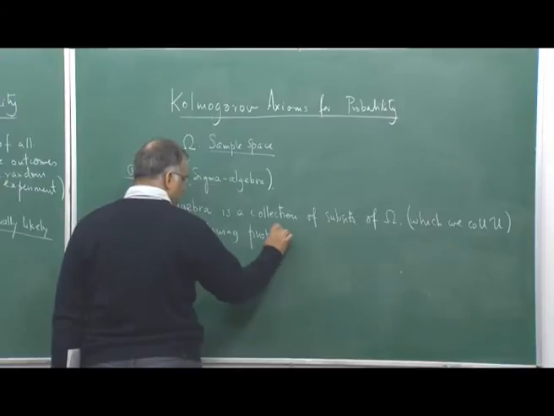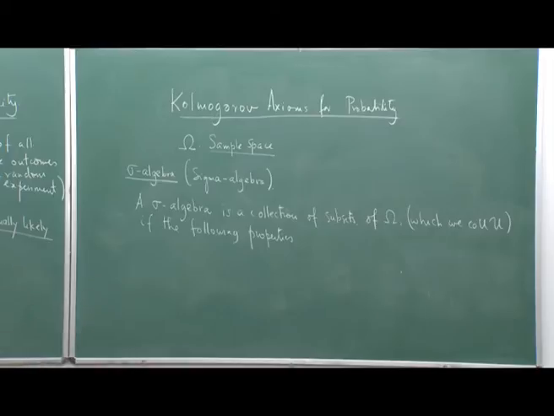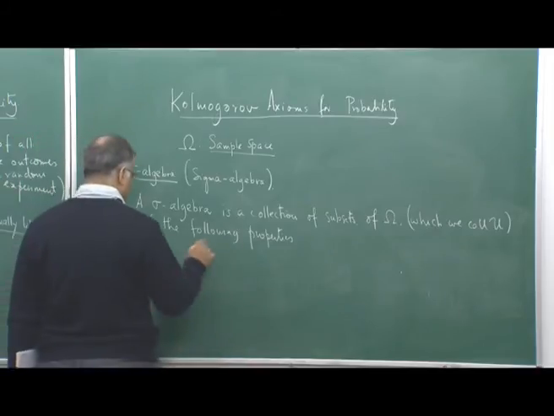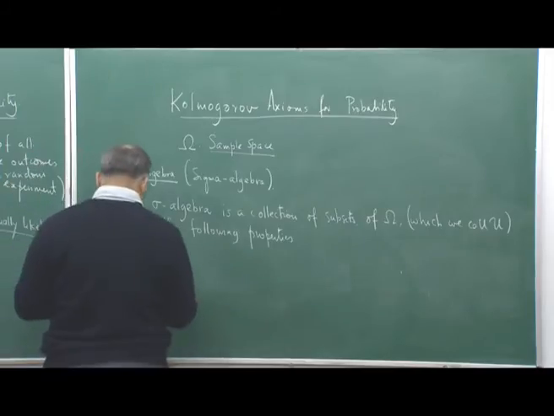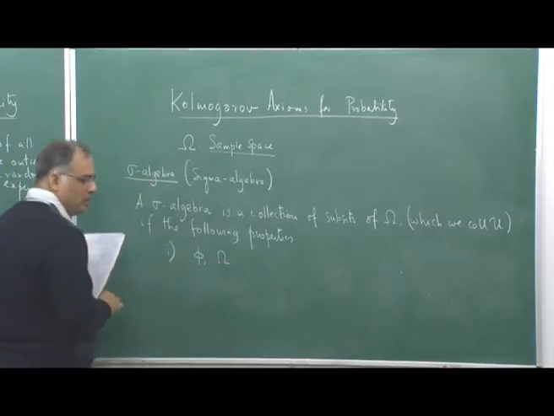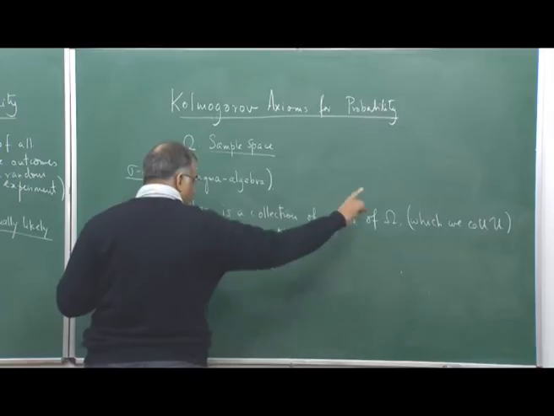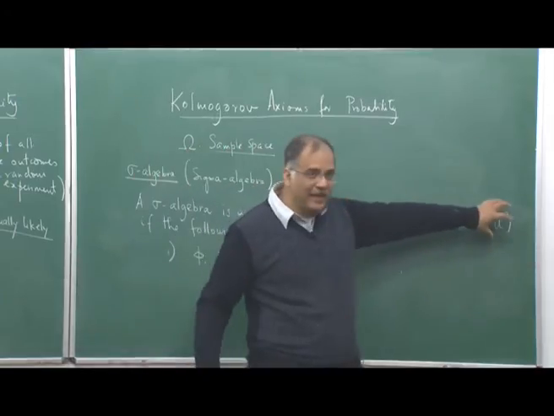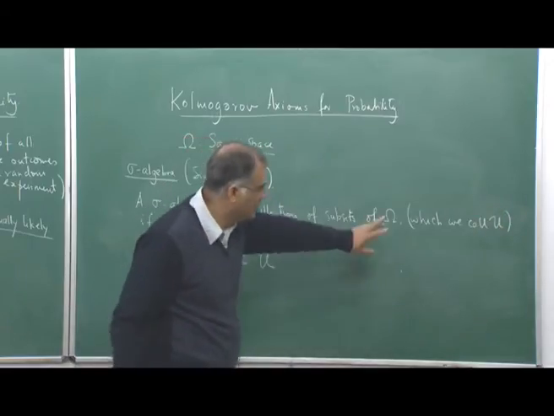Actually those subsets which follow these properties, which we list down, can be called events. The empty set and the whole sample space are elements of that collection U. U is a set consisting of sets. It is a collection of subsets of the set omega.